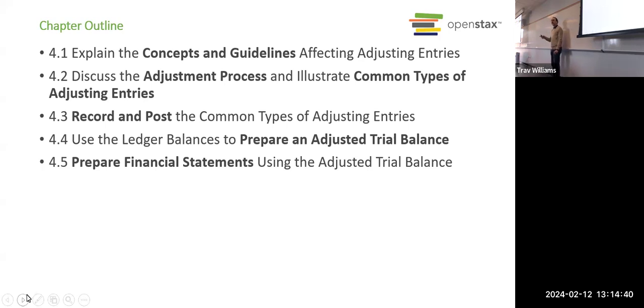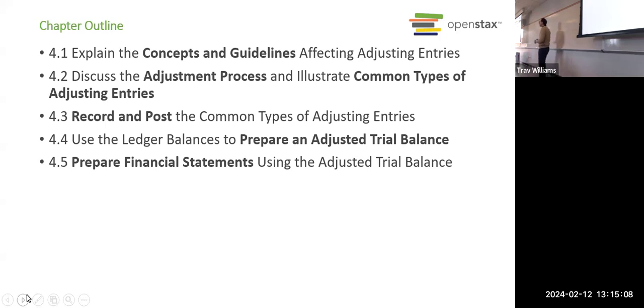Who can tell me what was the process for making the unadjusted trial balance, the one that we worked on? How did we make that trial balance? Is that totaling up all the balances in all your accounts? That's it. You just take the balance of every account from the ledger, you put them in one document. Some have debits, some have credits, and those debits and credits should equal, right?